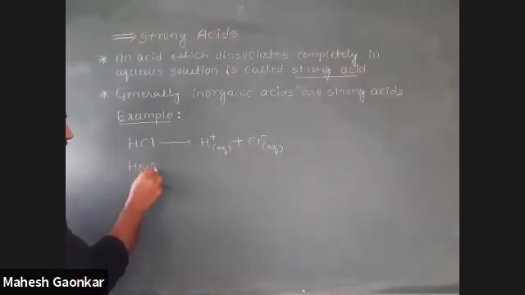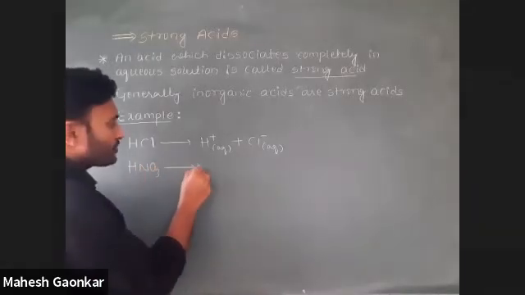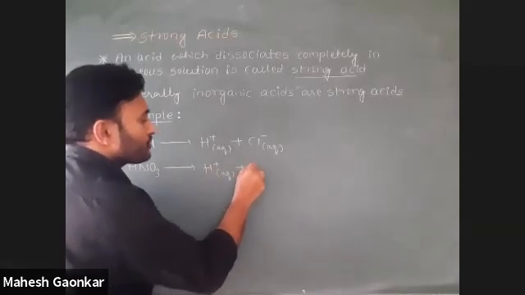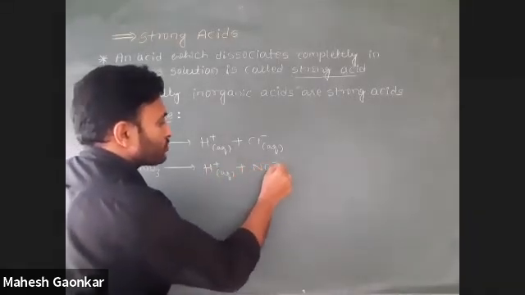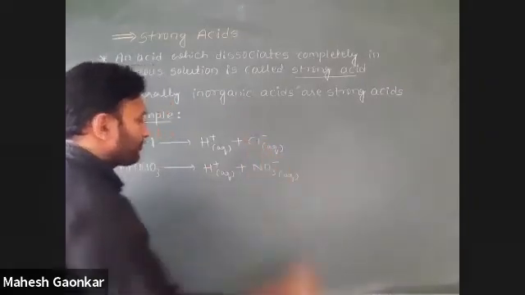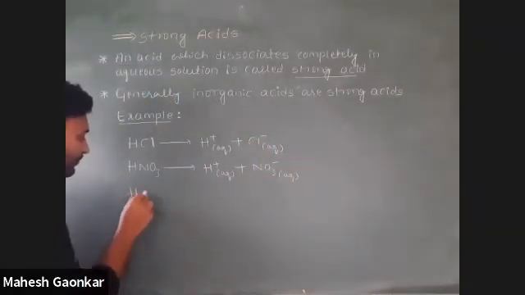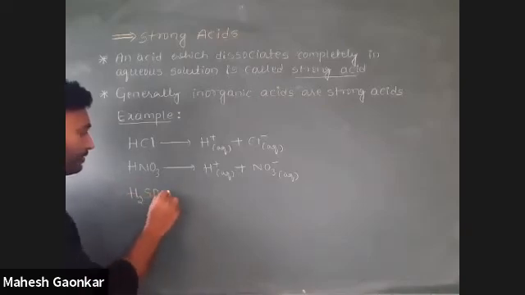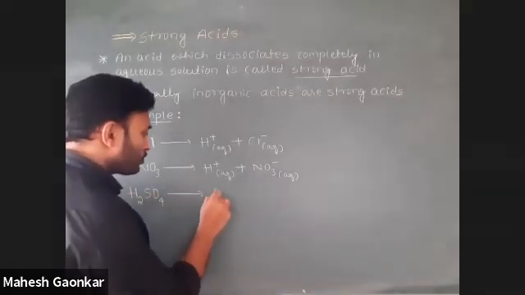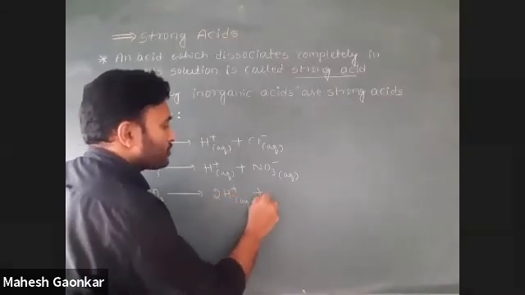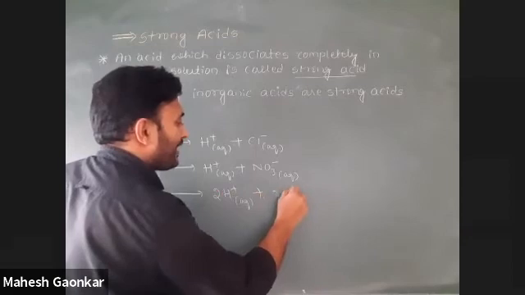HNO3 also dissociates completely to H plus and NO3 minus. Then H2SO4 also dissociates completely into H plus and sulfate.